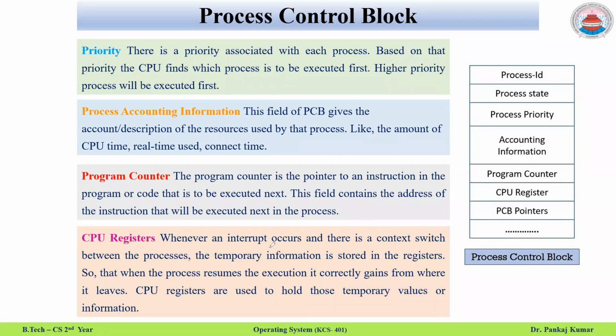If the processor leaves a particular process and after a certain period of time has to return back to that process, there must be some identification of what the actual position was at the time when the processor left. Okay. So this is called CPU register.